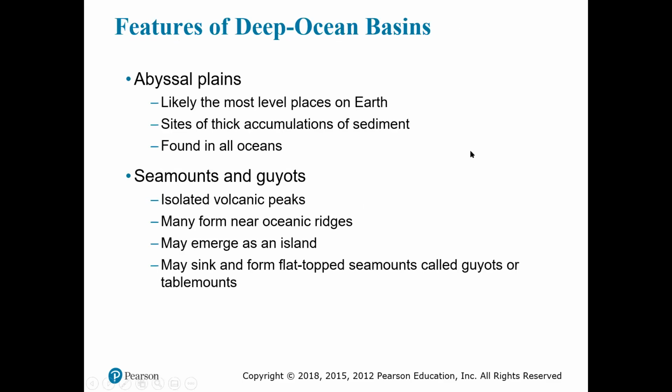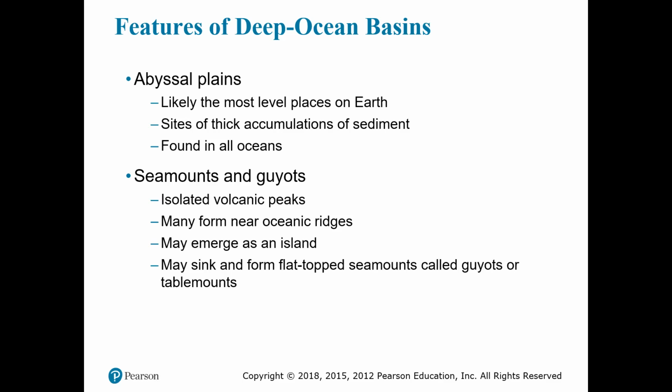What are some features of our deep ocean basins? Well, we have those abyssal plains, which are very deep parts of the ocean. They're incredibly flat. Your book mentions that they may be the most level places on Earth, and they are formed from thick accumulations of sediment. There are 3 types of sediment that can be accumulated here.